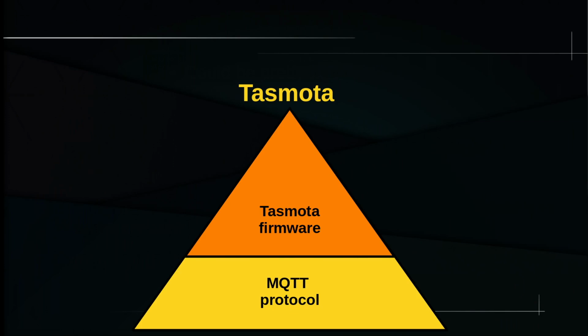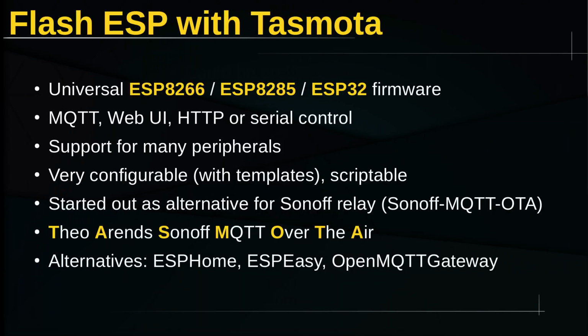You need something to connect to the broker, and that is where I usually use Tasmota, which is a universal firmware for ESP chips, like the one we saw in the Tuya Lite in the previous presentation. And this enables you to control any ESP over MQTT via a web UI, over HTTP GET requests, or even over a serial connection.